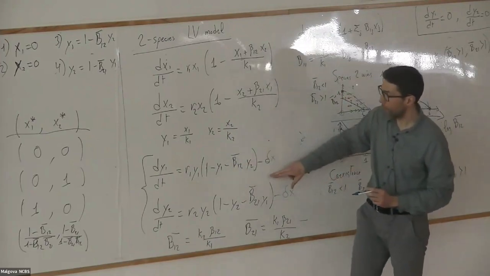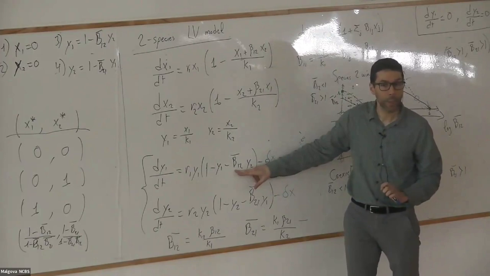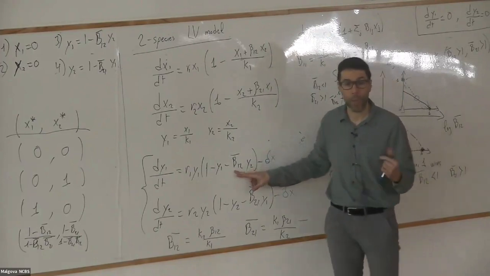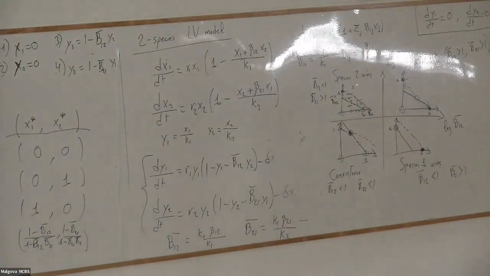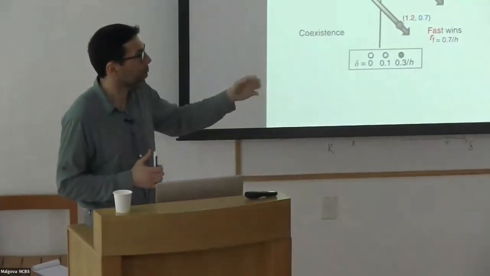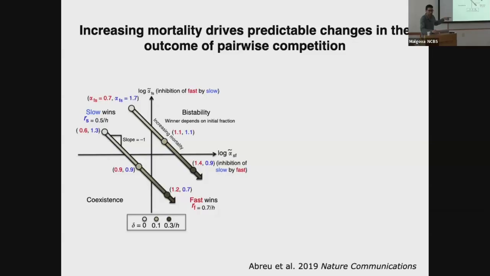And this death rate will be incorporated into the competition terms together with the growth rate. And if you're curious about that, we can show tomorrow how they renormalize the model.